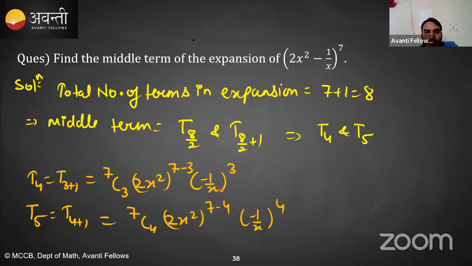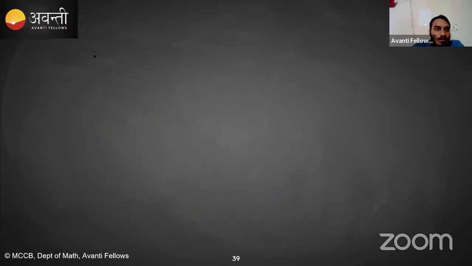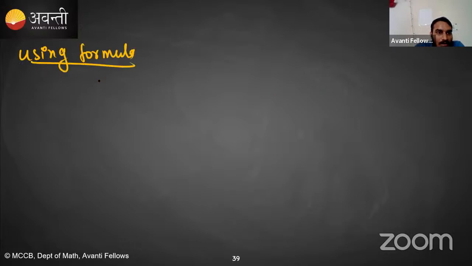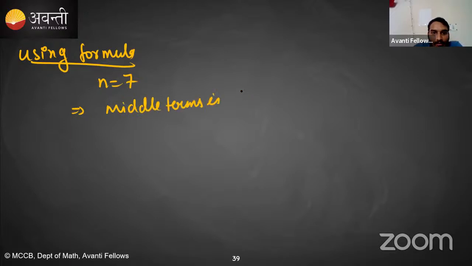Is this clear? If somebody wants to use the formula, so let's say using formula, n is equal to 7. So it implies middle terms are T (n plus 1) by 2 and T (n plus 3) by 2.